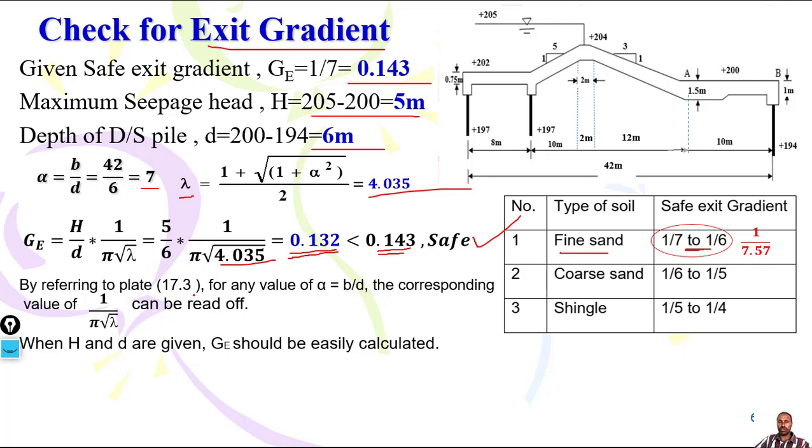By referring to plate 17.3, for any value of alpha, which is B over D, already B over D, keep in mind, we get 7. The corresponding value of 1 over pi square root of lambda can be read off. When H and D are given, then exit gradient is automatically calculated using the exit gradient chart.